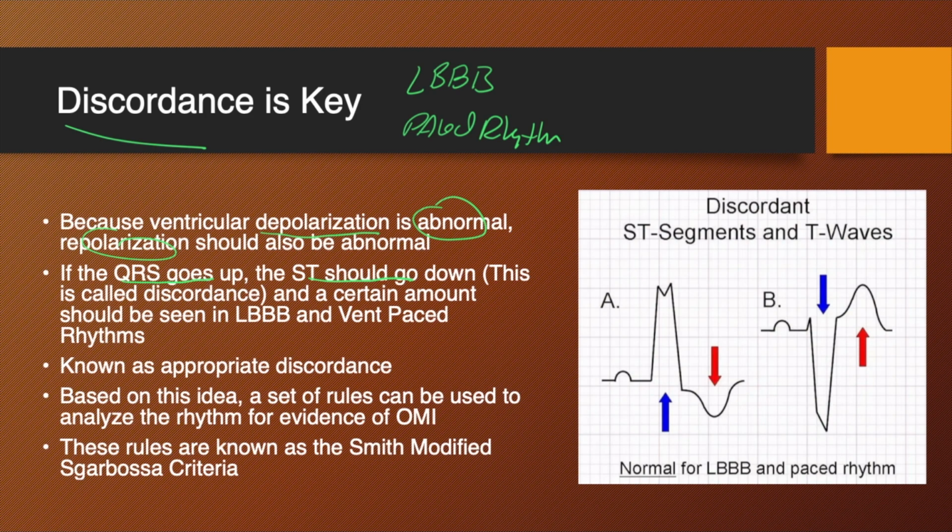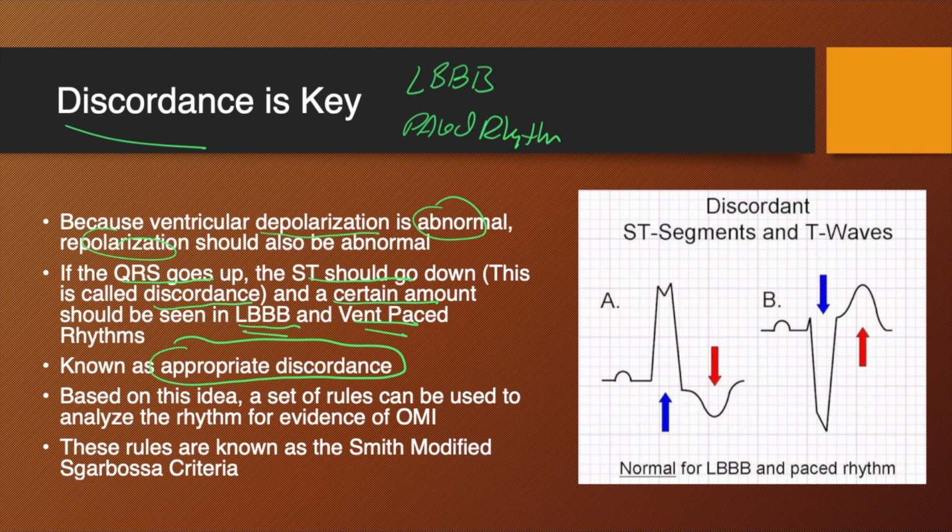So the ST segment should move in the opposite direction of the QRS complex. This is called discordance. And a certain amount of discordance should be seen in the setting of left bundle branch block and ventricular paced rhythms. This is known as appropriate discordance.